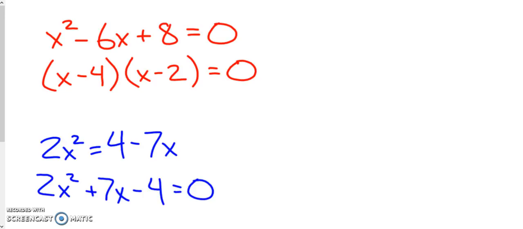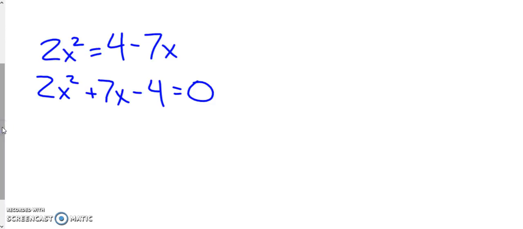Do you guys need me to write that out? Okay. So now you've got to factor this. Now with the 2 in there, that makes it a little more complicated, because now it's not just what multiplies to give me -4, but it has to give me 7. But you have to take the 2 into account.